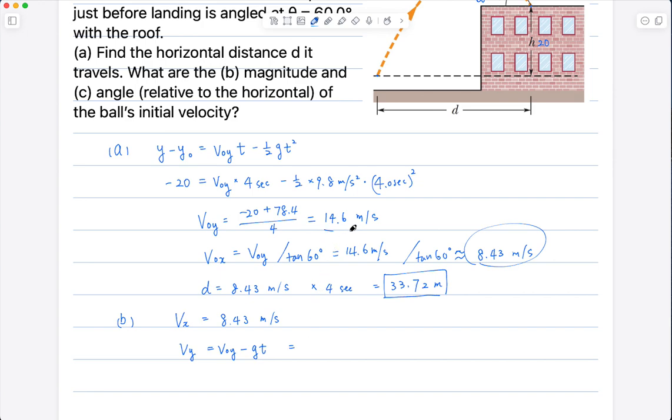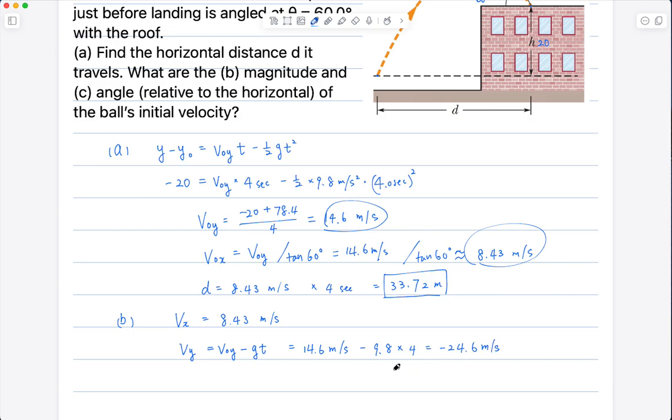We have 14.6 meters per second minus 9.8 times 4 seconds. The velocity y component becomes negative 24.6 meters per second.